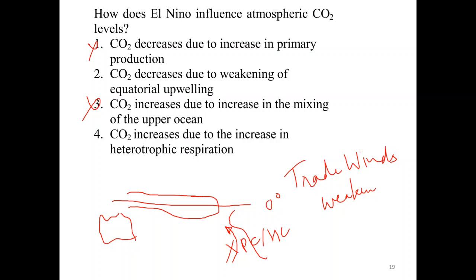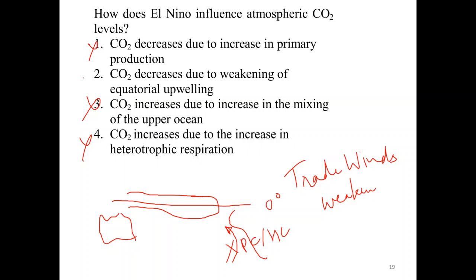The phytoplankton do photosynthesis and they always check the concentration of CO2. So even though it may be correct, it is not the most logical answer. For this question, the correct answer is CO2 decreases due to weakening of equatorial upwelling.